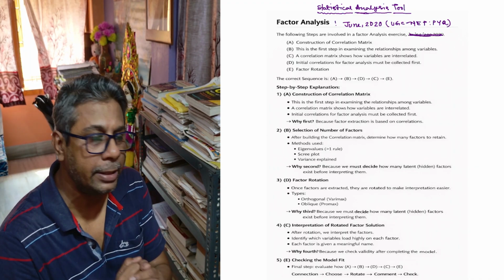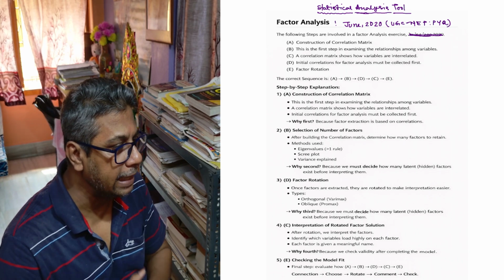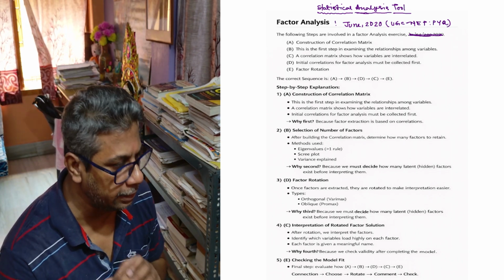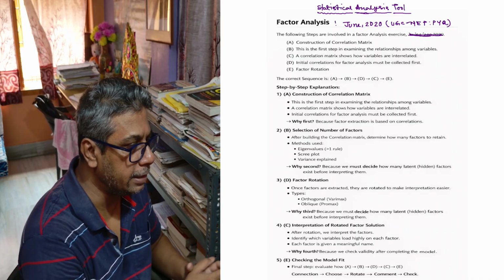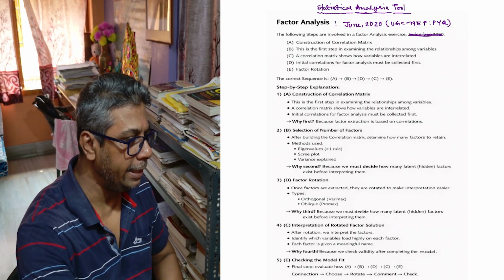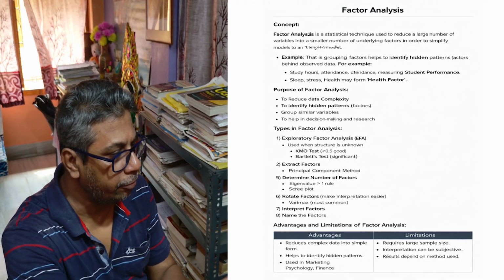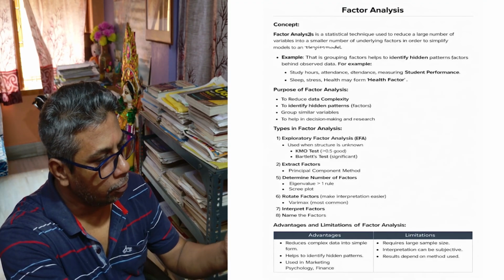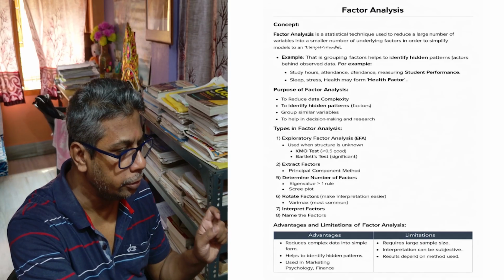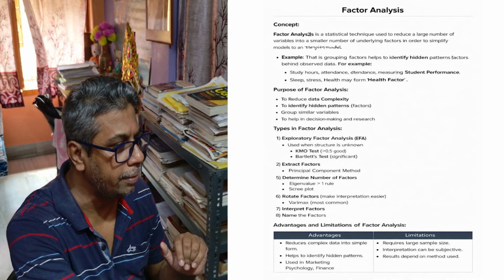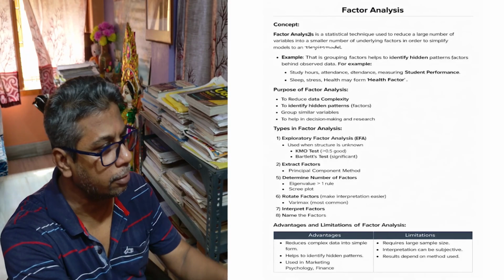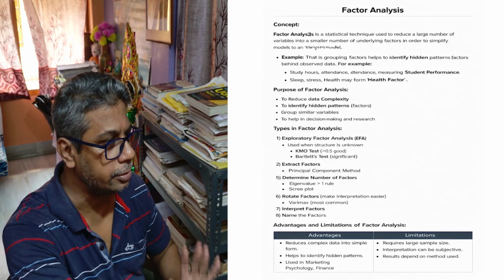After rotation, we interpret the factors, identifying which variables load highly on each factor. Each factor is given a meaningful name. And finally, E, checking model fit. So, the final steps: evaluate the correlation, choose, rotate, comment and check. These are the important steps of factor analysis.